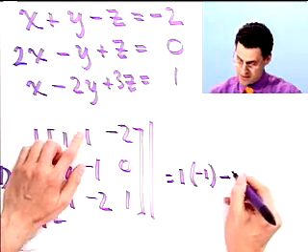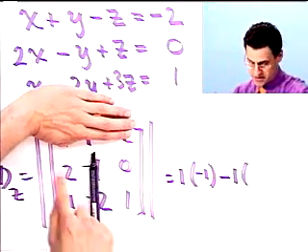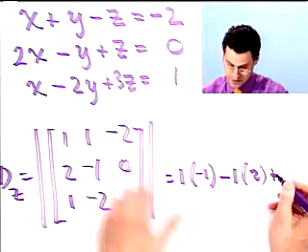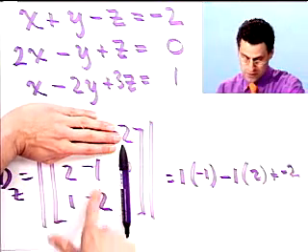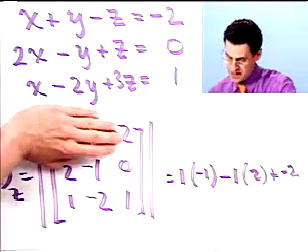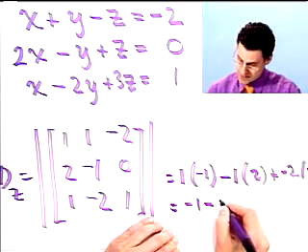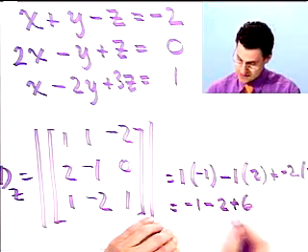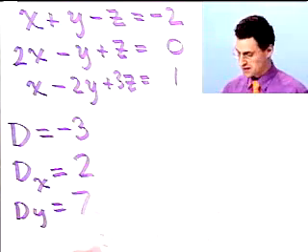Remember, it's a minus sign now, because we're in that row. A 1, and then its determinant here, which is 2 minus 0. That's just 2. Plus a negative 2 times that determinant, which is minus 4 minus minus 1, which is minus 3. So I see minus 1, minus 2, and plus 6. So that gives me a net gain of 3. So the determinant of this matrix is 3.